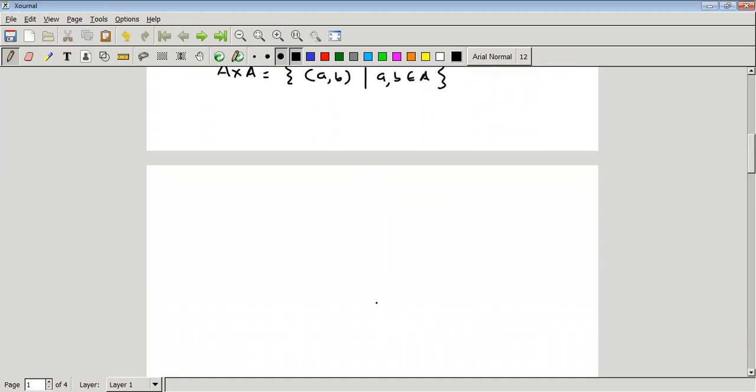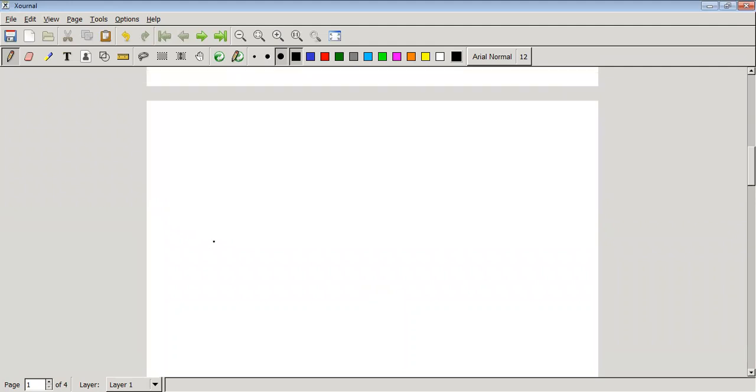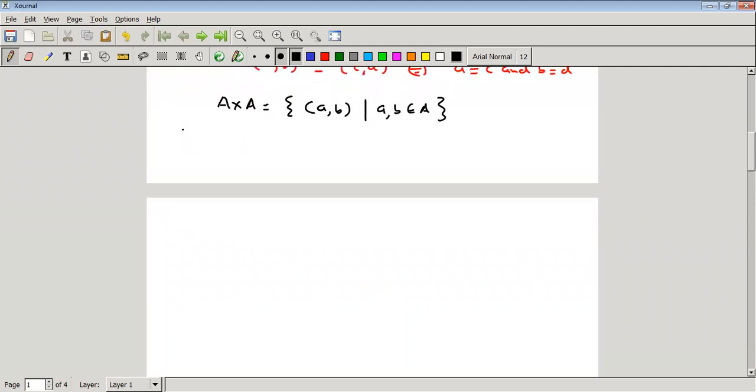Okay, now come to the definition. Again, an important point to all of you: revise the definition of function, because it is very, very helpful to you in algebra.